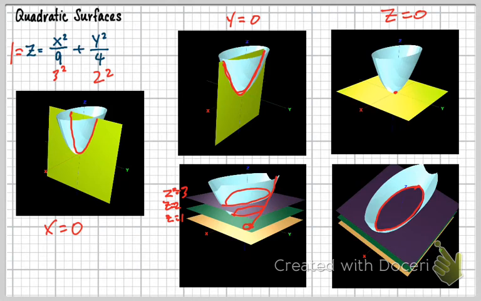So let's say this purple one was z equals 1 here. Then that tells me from the center to that edge is 3. And then in the y direction there would be 2. That is how it works with ellipses. So anyways, that's our ellipses and our paraboloid.